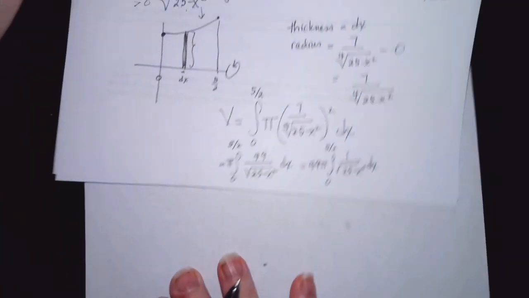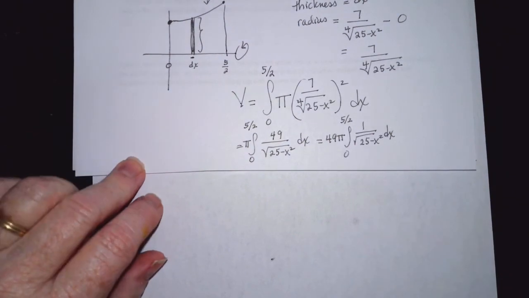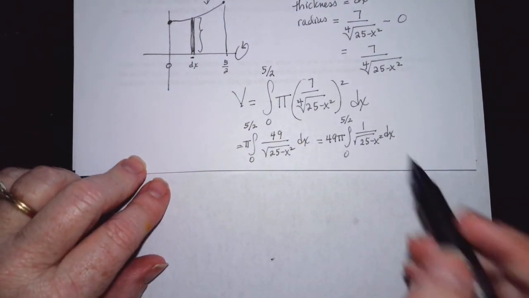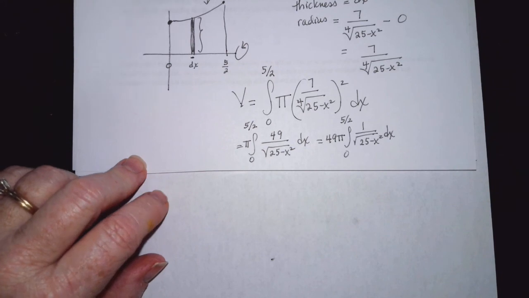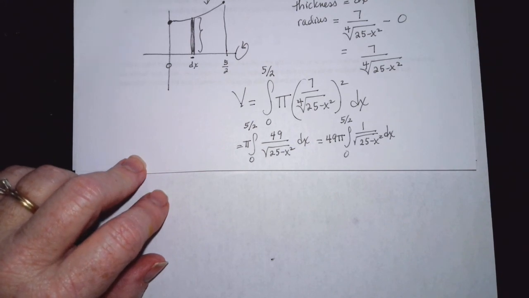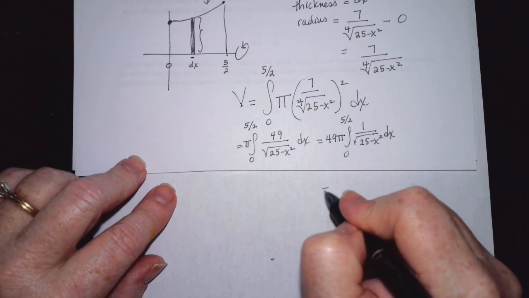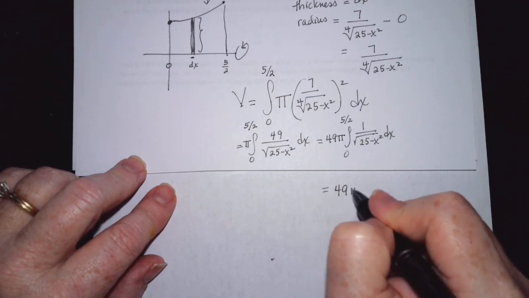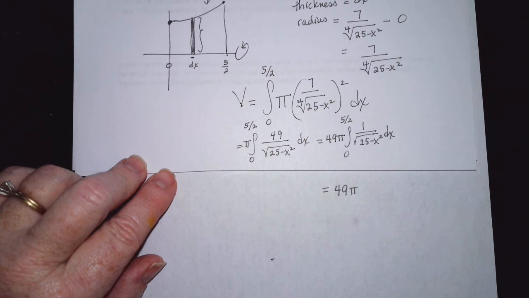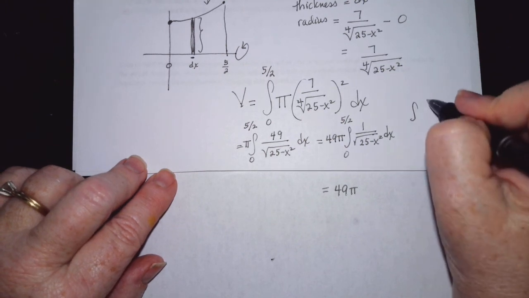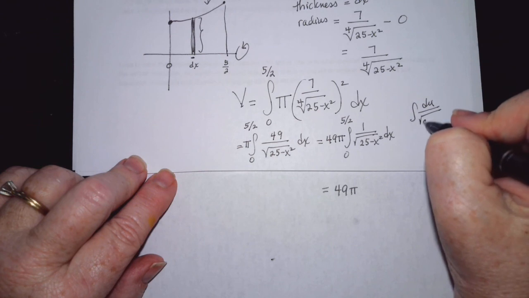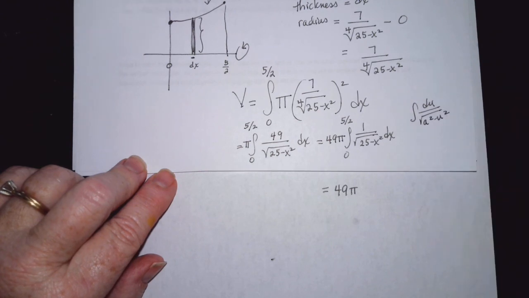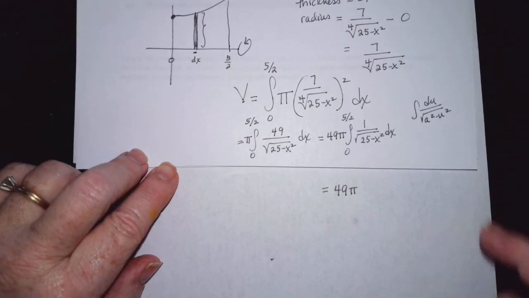Running out of room here. Okay, so that would end up being, whose derivative is a squared minus x squared underneath the square root in the bottom? That's an arc what? Yes, excellent.